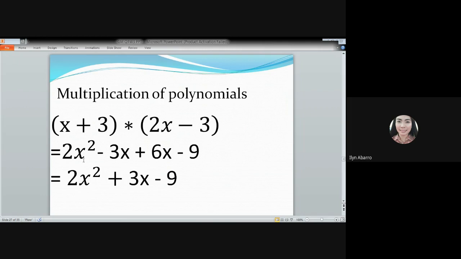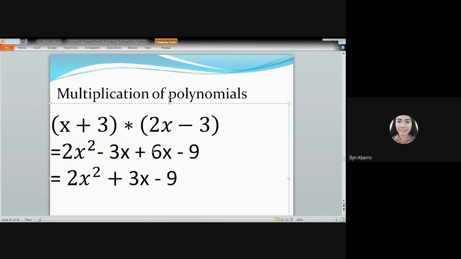And then simplify. Combine those terms which are similar. So, ang similar dito is negative 3x and positive 6x. So, bring down 2x squared, negative 3x plus 6x. They have different signs. So, you subtract 6 minus 3. That is positive 3.